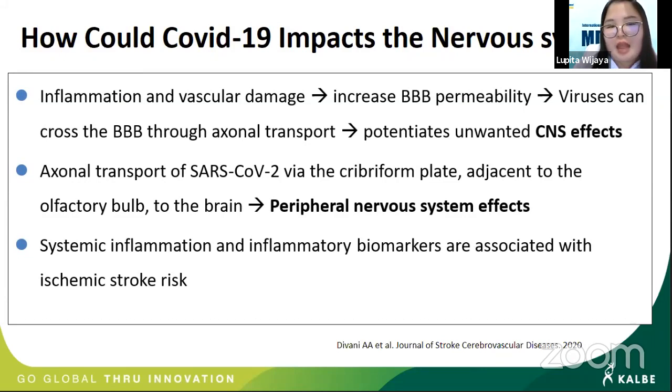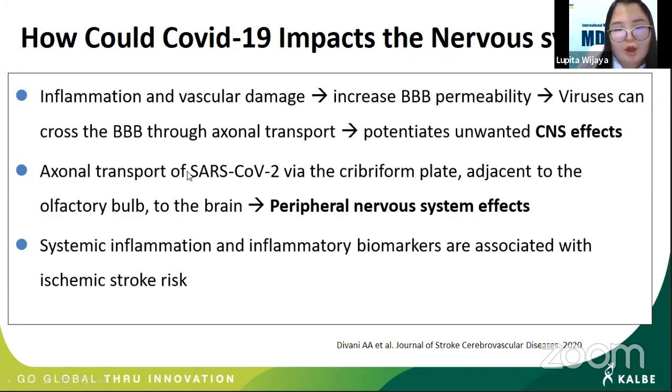So this time, the virus has a chance to cross the blood-brain barrier through axonal transport. And then there will be several clinical manifestations in the nervous system of this patient. They will be separated into two kinds: first, the CNS, central nervous system, and the second one, the peripheral nervous system.